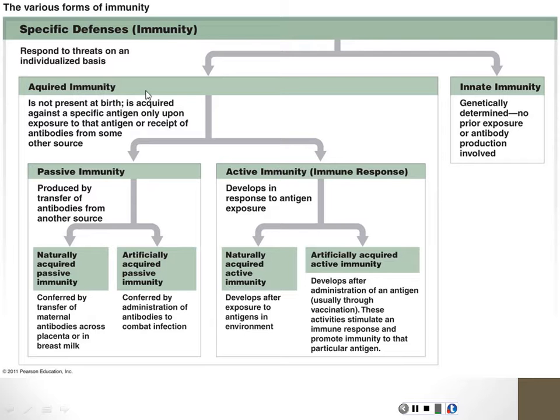Okay, so what occurs in the natural case is this right here, naturally acquired active immunity. This means somebody coughed on you, you got a cold, and then 7 to 10 days later, you were cured of that cold. You wiped out that virus. The doctors were not involved. There was no vaccines involved. There was no medication involved.